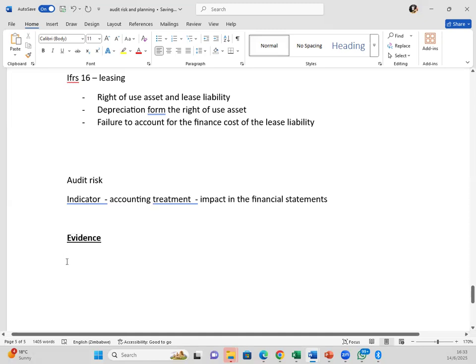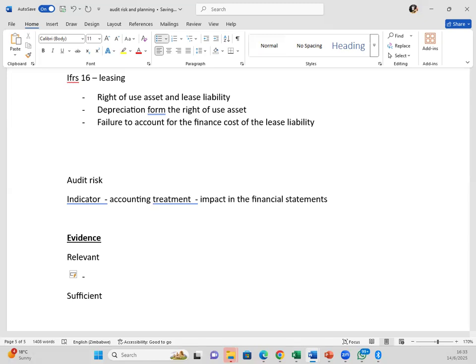So in order to get evidence, in order to give the right opinion, the evidence must, number one, be relevant. It must also be sufficient.